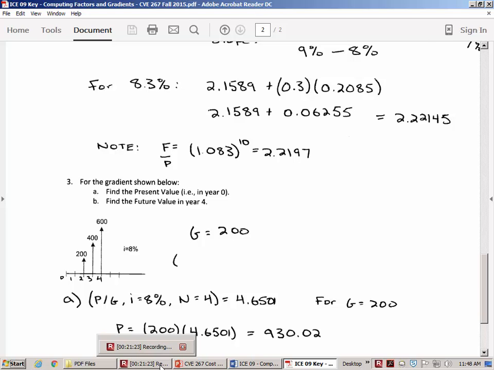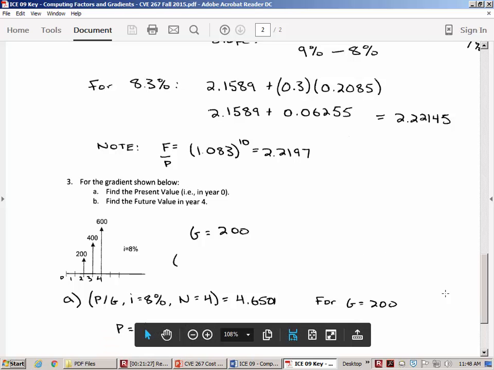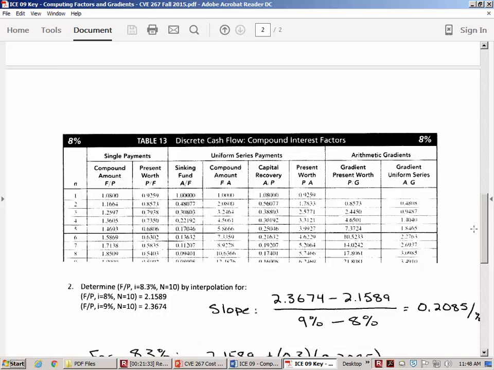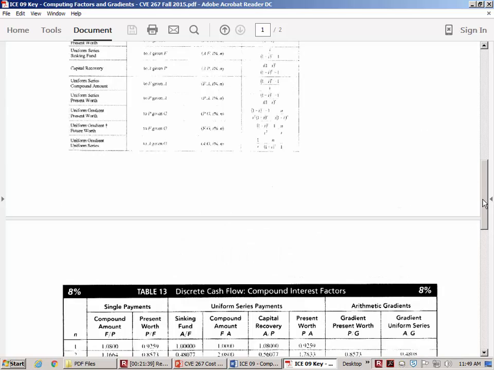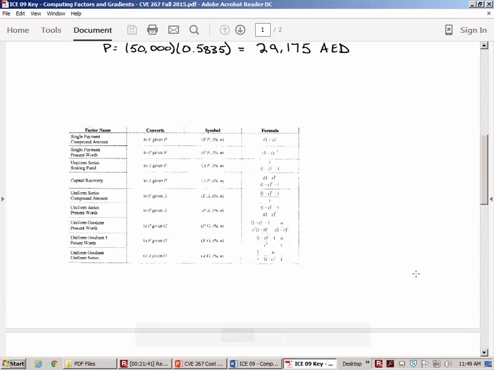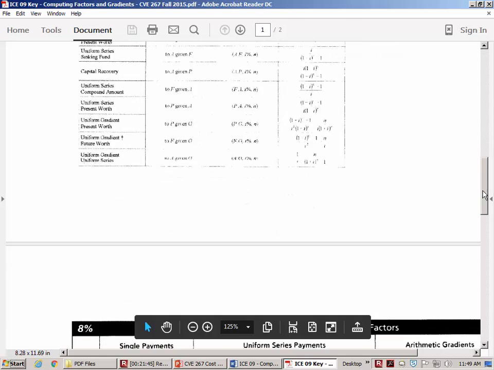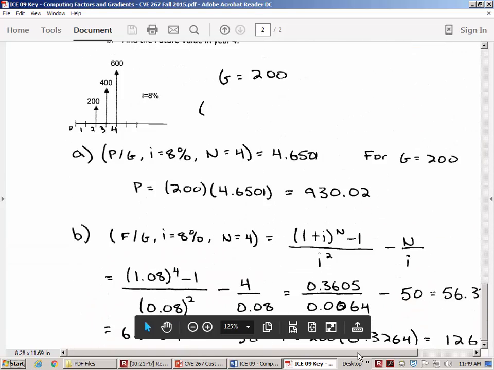Okay, so for part B, we need to use the formulas because you don't have the factor. For part B, it is an F/G. So you don't have an F/G there, but you do have it here. The formula for F/G.